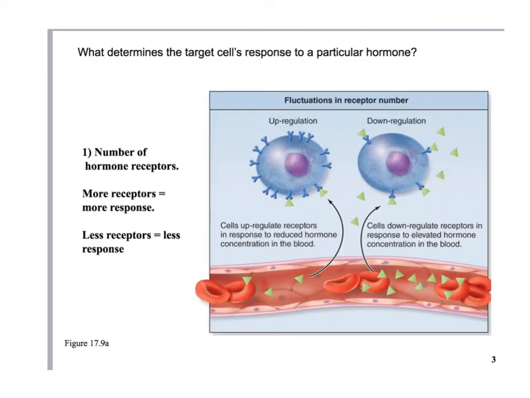So, question. What determines a target cell's response to the hormone? For instance, the uterine muscle cells have receptors for oxytocin.